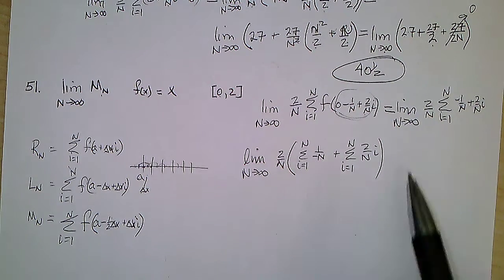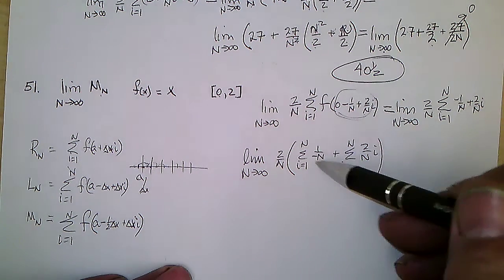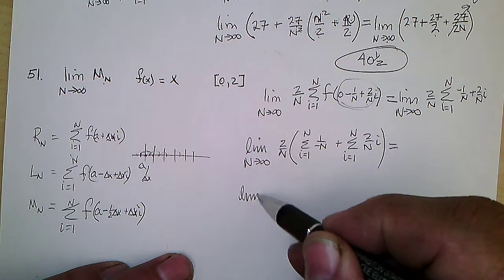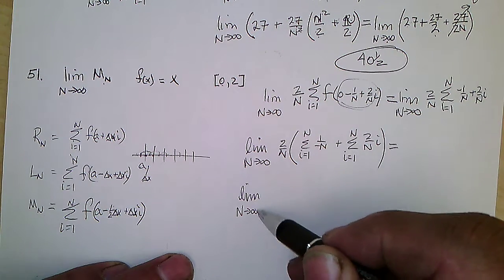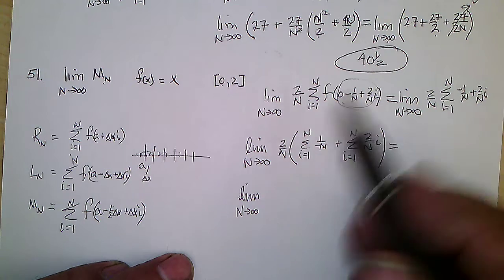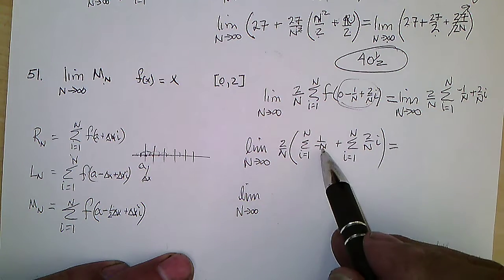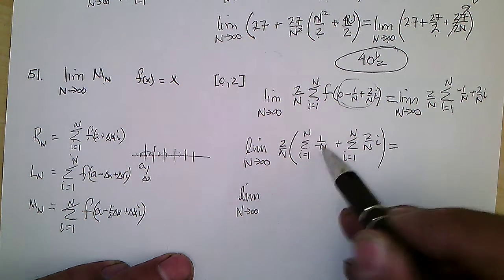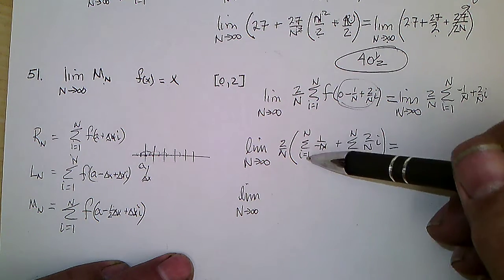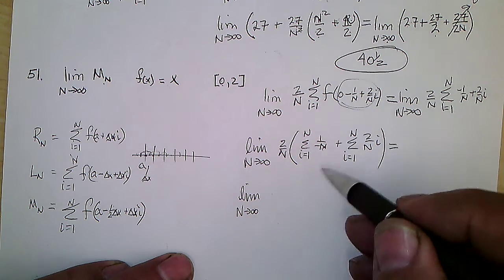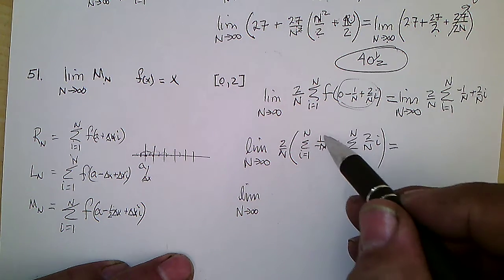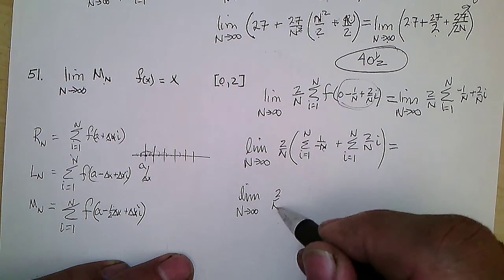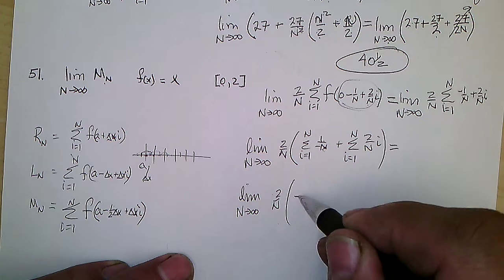Now the 1 over n can come out. 1 over n is a constant, and we have to do it n times. So this would be minus 1 over n times n, which is minus 1.